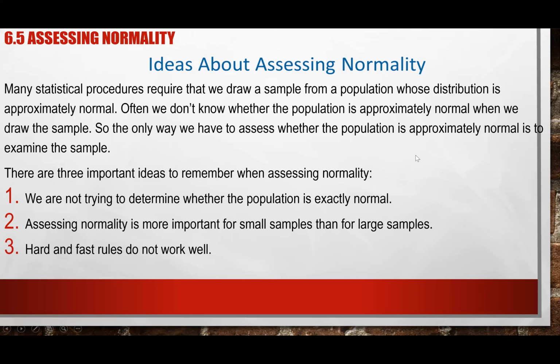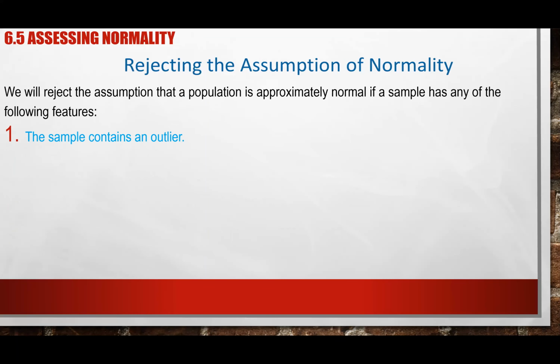To know if it's good to use the normal distribution, you have to look at your data and ask yourself, do you have an outlier? If there's an outlier, we say no, you cannot use the normal distribution for that data. If not, is your data skewed to the left or skewed to the right?